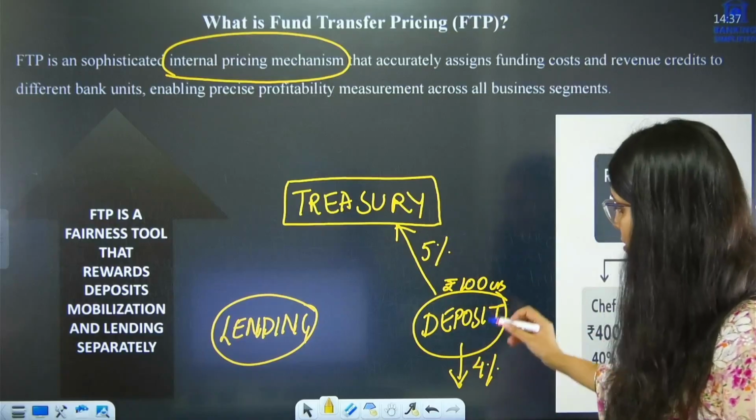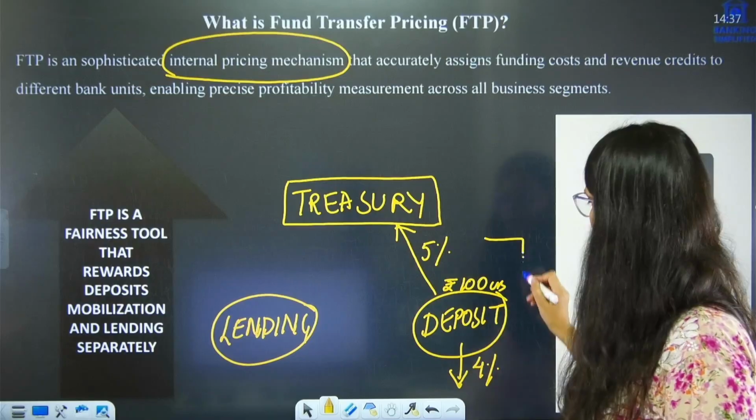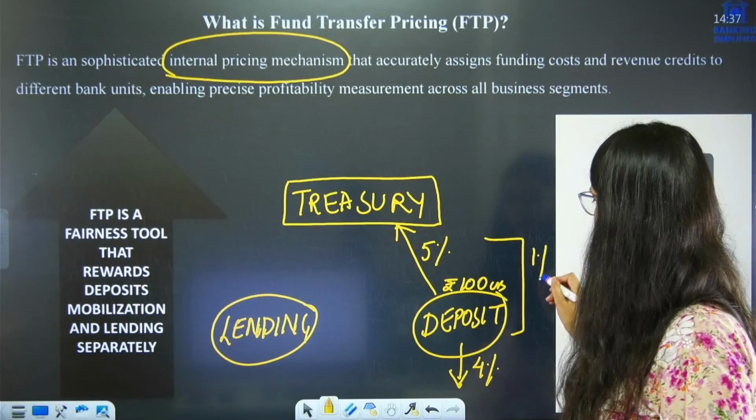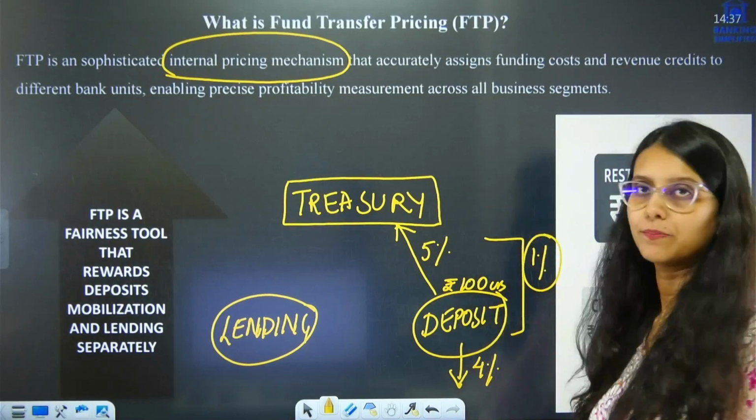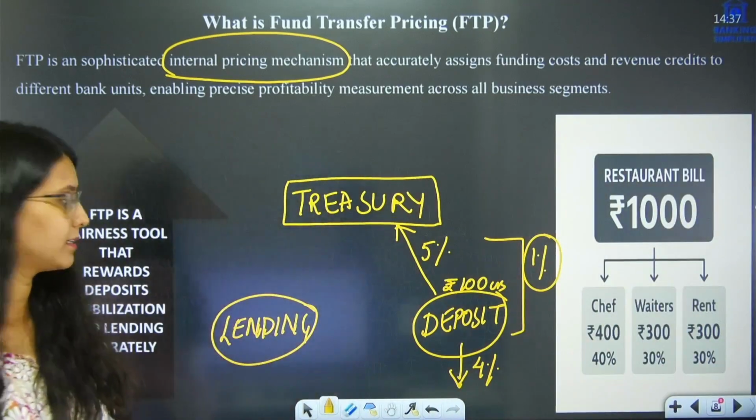Now 5%. So what is the earning that this particular unit is doing? 1%. Easy. Now we come to the lending side.